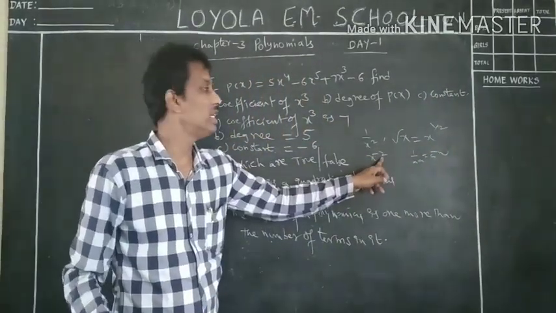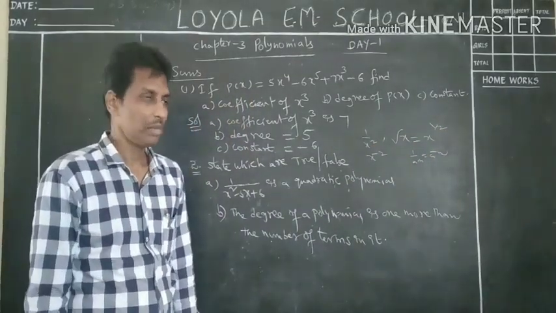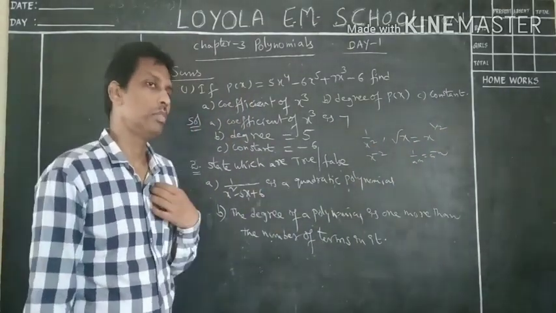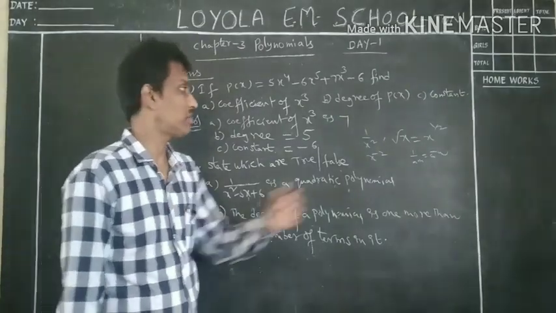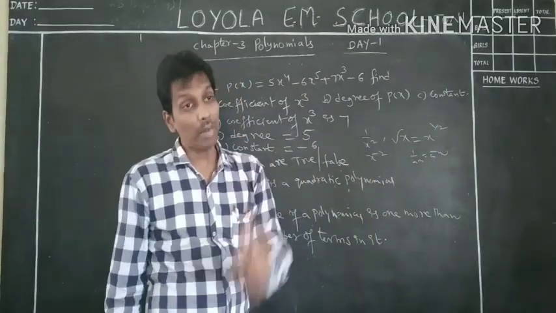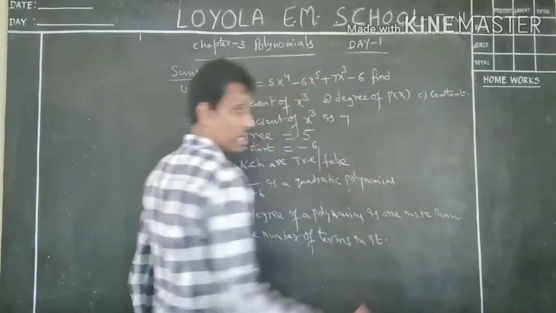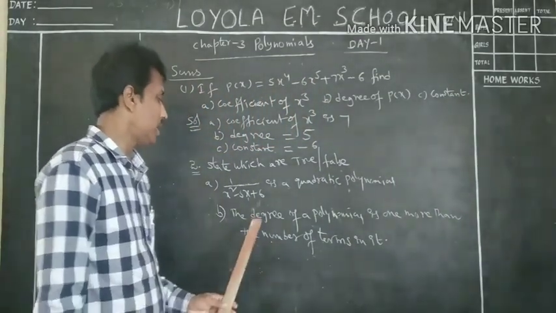Minus 2 is a negative integer, 1 by 2 is a fractional form, a rational number, but not a positive integer. So that's why these are not examples for polynomials. These are examples for multinomials. Is it clear? Did you get the correct explanation from me? Right. Go through the second one.